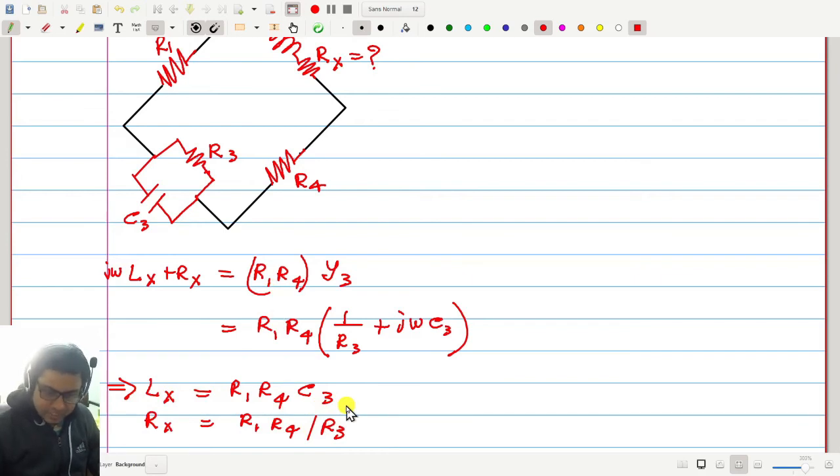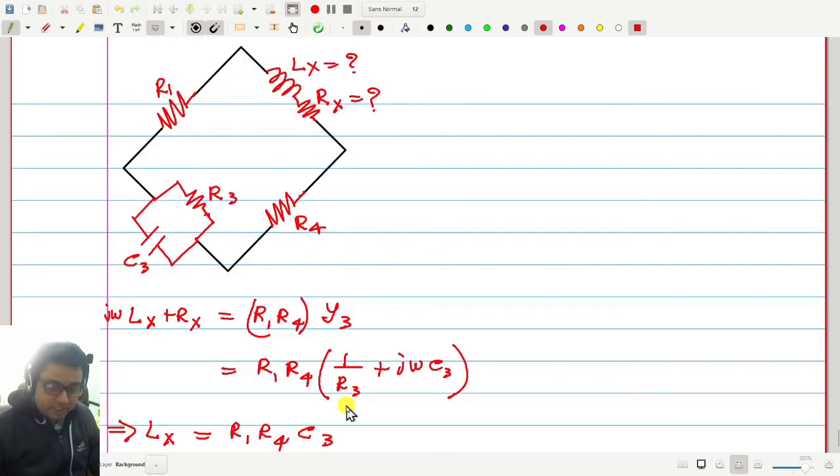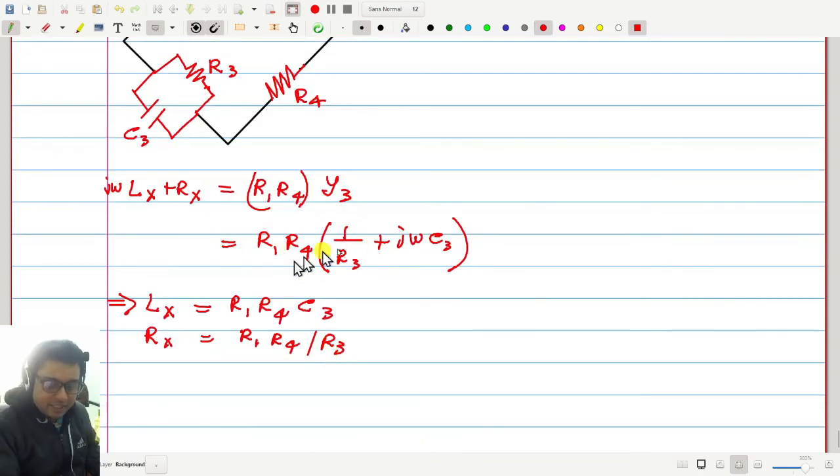And that is possible just because I have taken the product of R1, R4 to be a pure real number. If I had taken this to be some complex, say some L4, R4, then you have to do some complex multiplication, then separate real and imaginary parts, a long process.